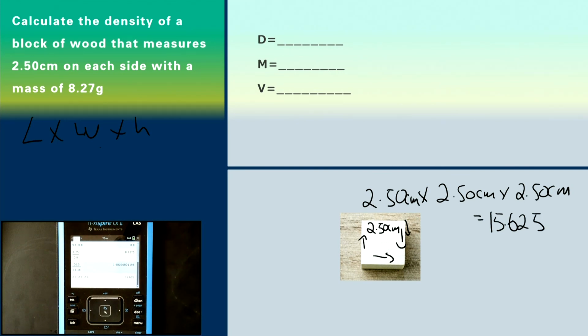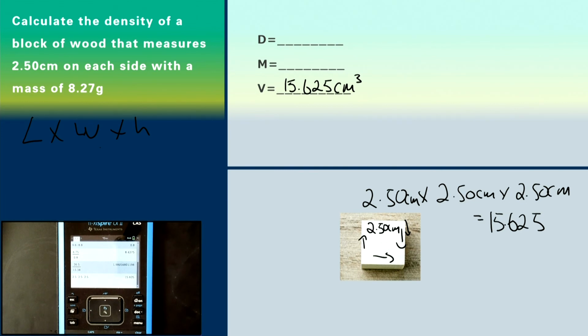So that is 15.625. Now, in terms of multiplication, I should have 3 significant figures, but notice this isn't my final calculation, so I have to wait until the end for my final answer to determine my significant figures. So that is my volume, so it's 15.625 centimeters cubed because it's a regular shape.